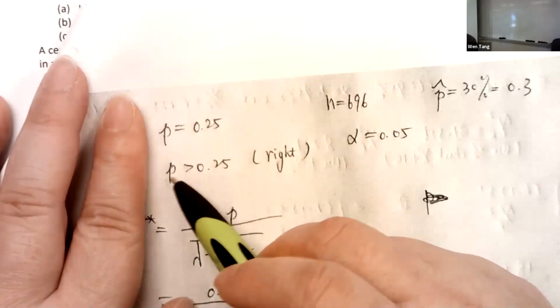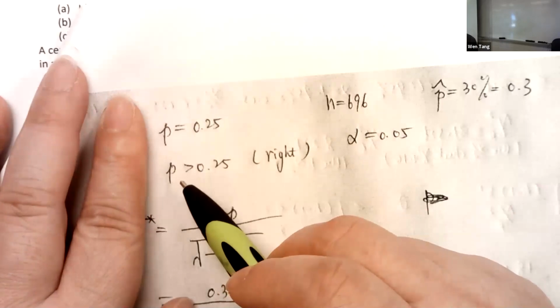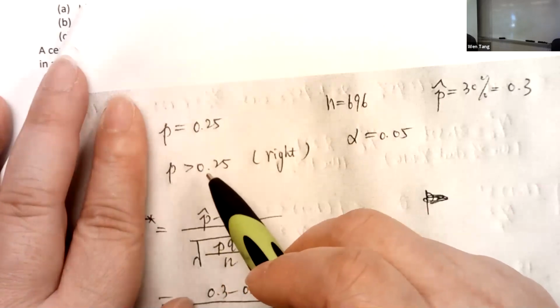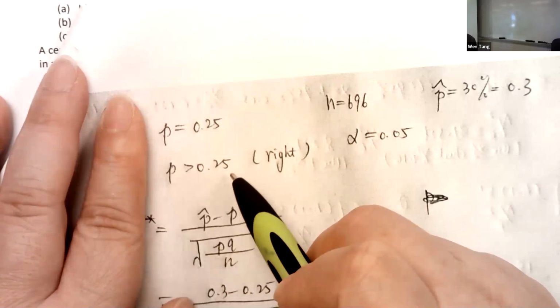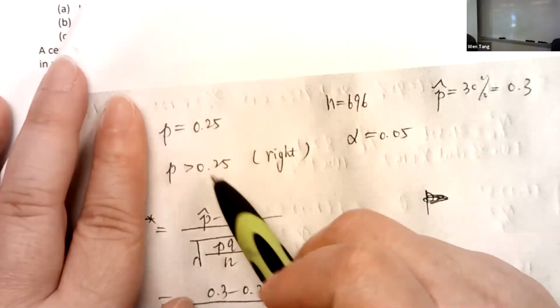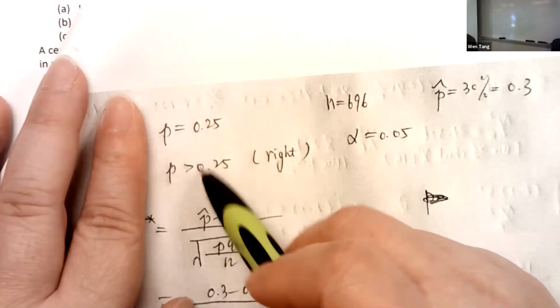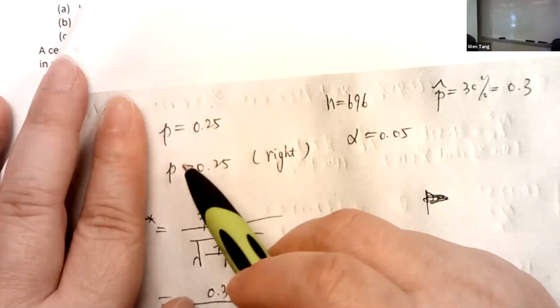We translate the claim into the expression: P is greater than 0.25. We know this is the alternative because here we have the greater than sign, not equal to. So this is our alternative.